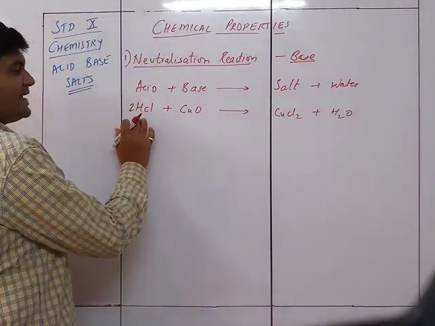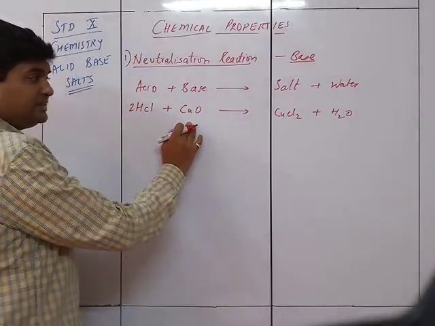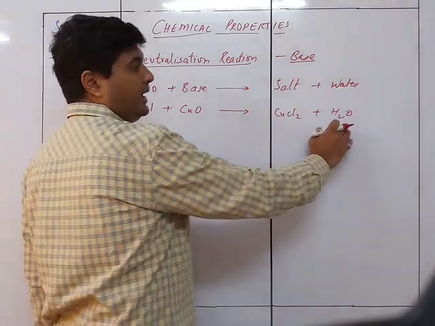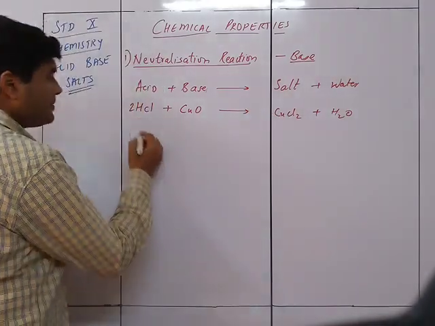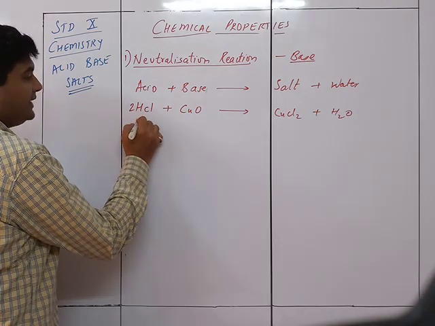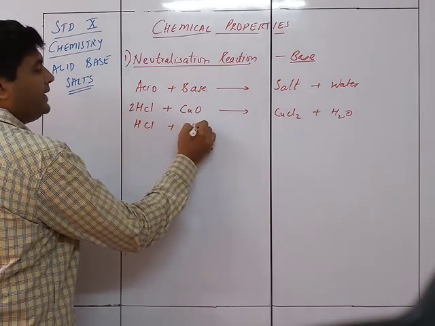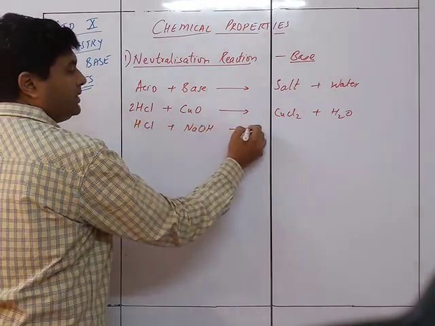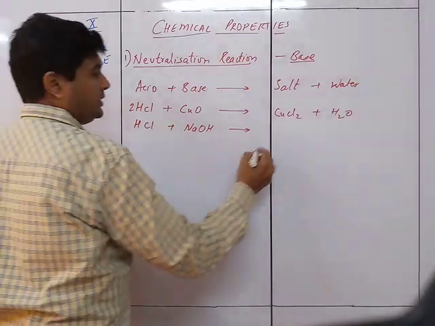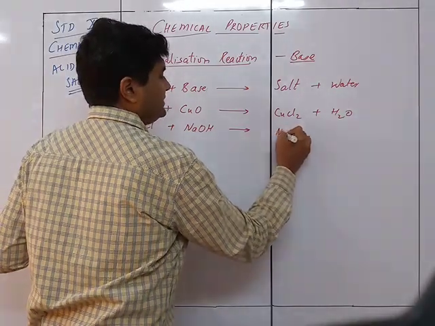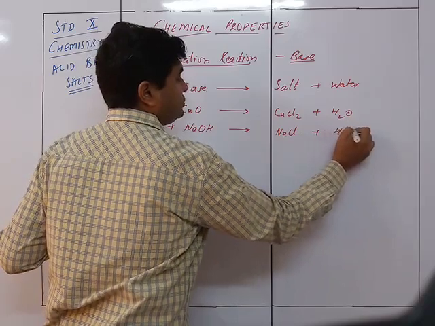In this case, it's an acid, a base, a salt and water. You can have another example, which will be HCl plus NaOH giving me NaCl plus H2O.